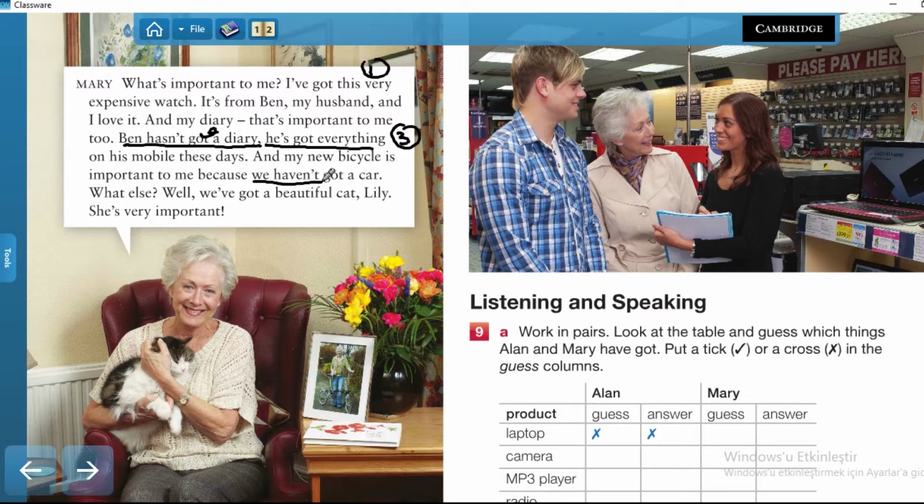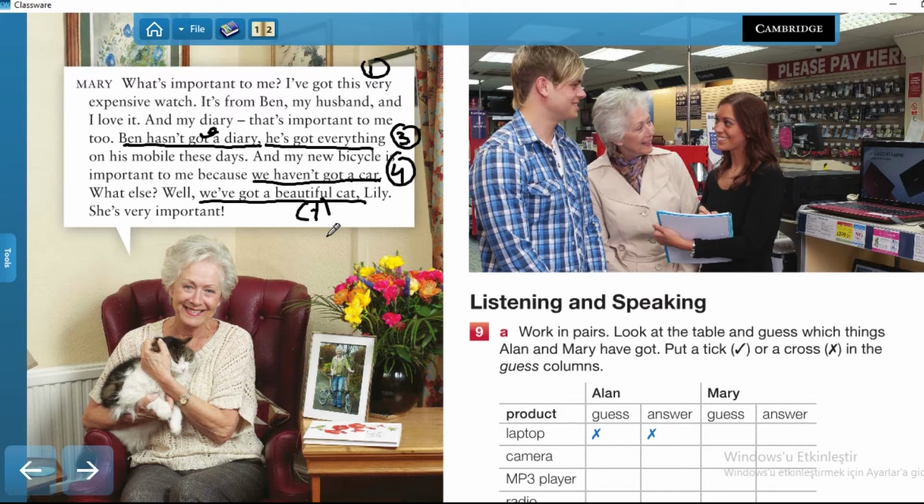So he hasn't got a car, but he's got a bicycle, and his bicycle is very new. The negative form here, we haven't got a car. Mary and Ben, they haven't got a car. Well, and the last one, we've got a beautiful cat. As you see on the photo, she's got a very beautiful cat. And this is the last example of positive ones.